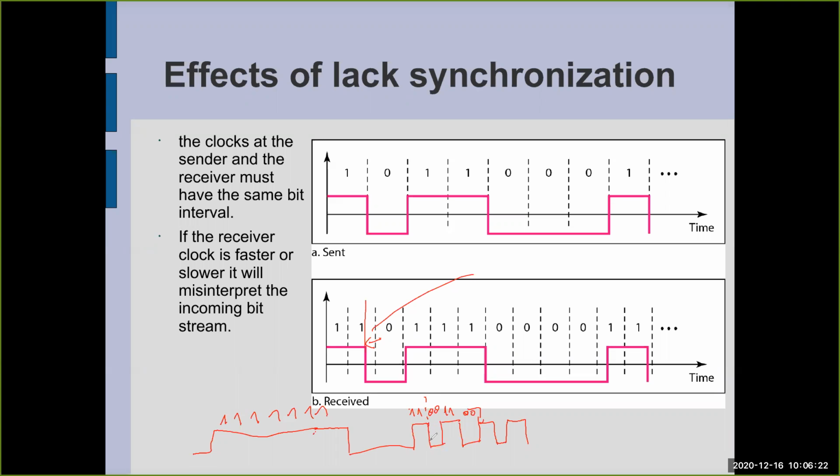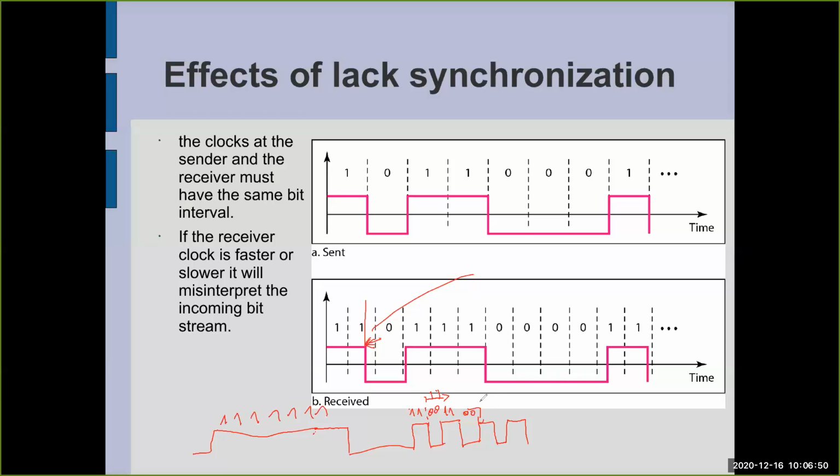So if the edge occurs, the receiver resets its counter, so it starts counting from this point. So now it is able to properly distinguish between bits.